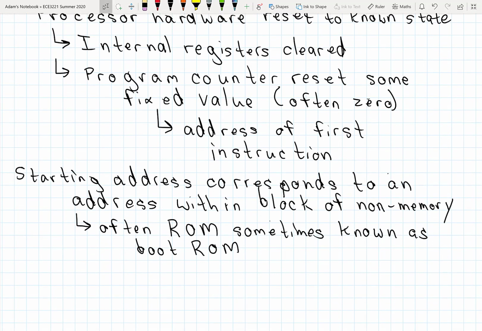Now, these boot ROMs don't have to be very large, because those instructions in that boot ROM can immediately redirect the computer or the processor to the location of a much larger program.